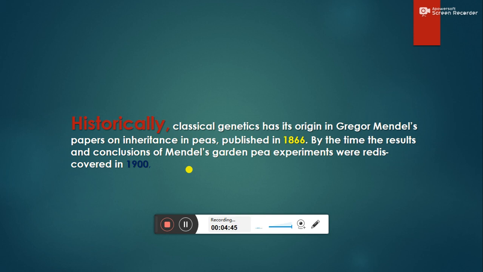Historically, classical genetics had its origin in Gregor Mendel's paper on inheritance in peas, published in 1866. That was the origin of classical genetics. By the time the results and conclusions of Mendel's garden pea experiments were rediscovered in 1900, his work was rediscovered.